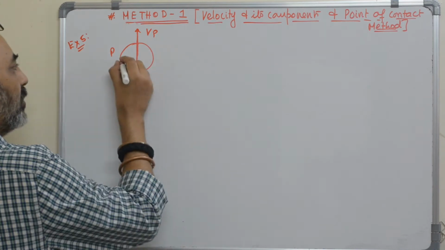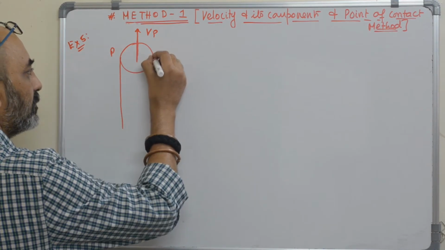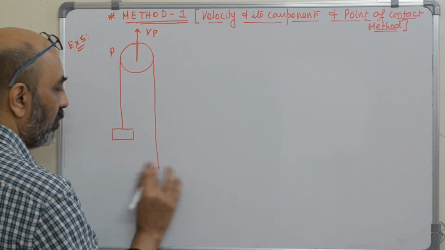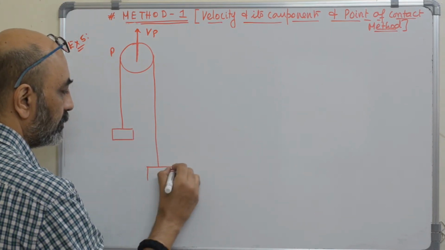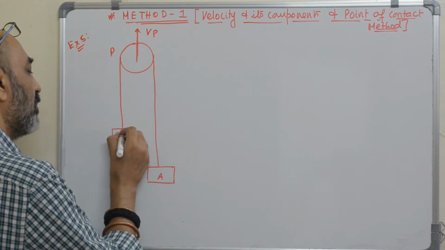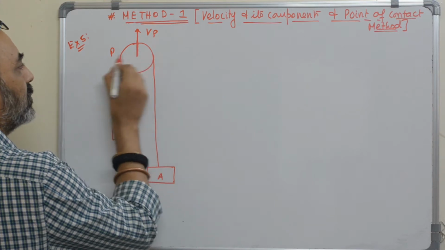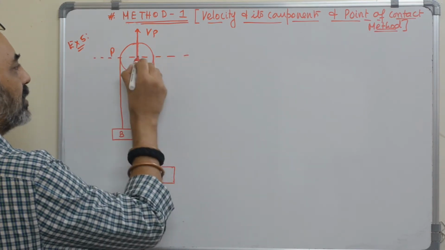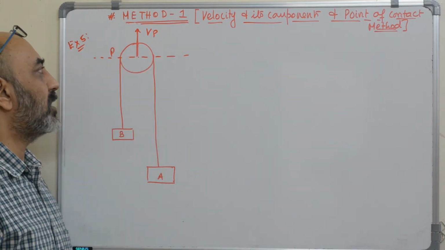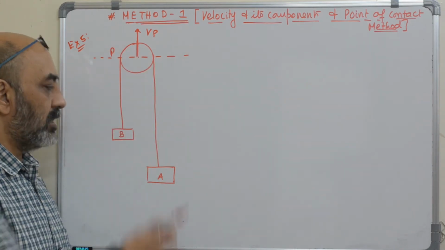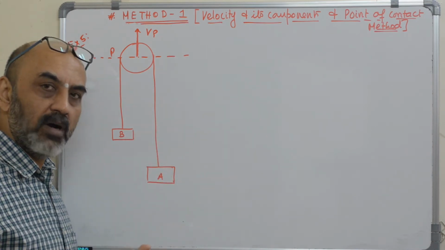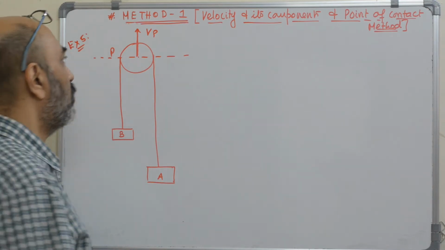Okay, and there is a string which goes around it, and you have a block here and you have a block here. This is block A and that is block B, and that is of course the pulley's center of mass level. Acha. Now the pulley over here, like I said, is moving up, and either A may move up or B may move up, or both A and B may move up. We don't know.